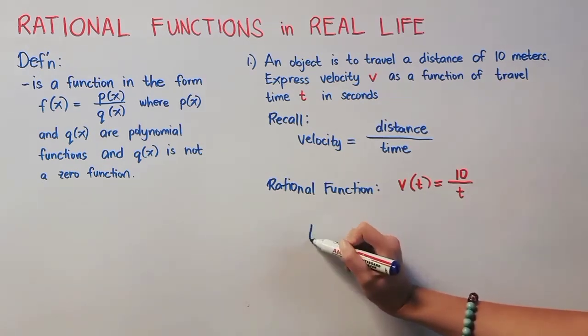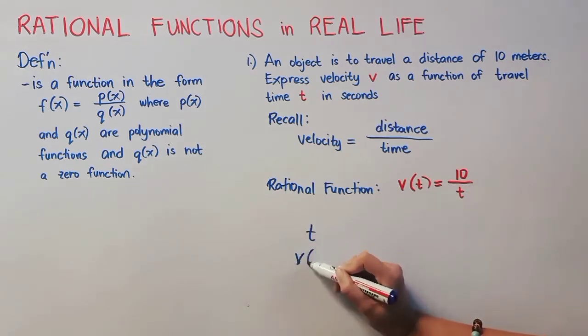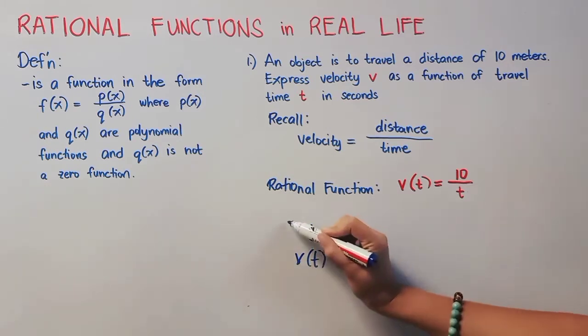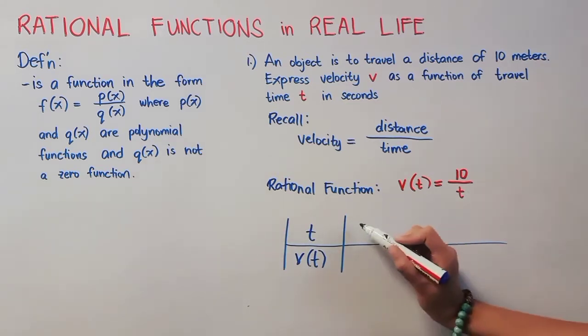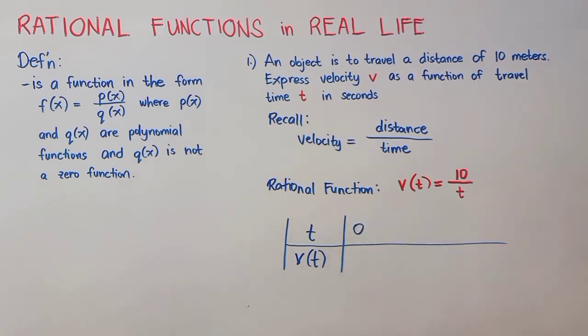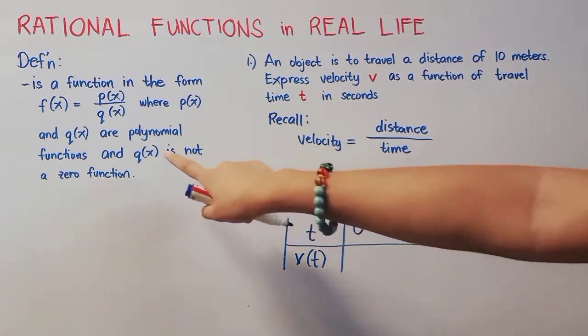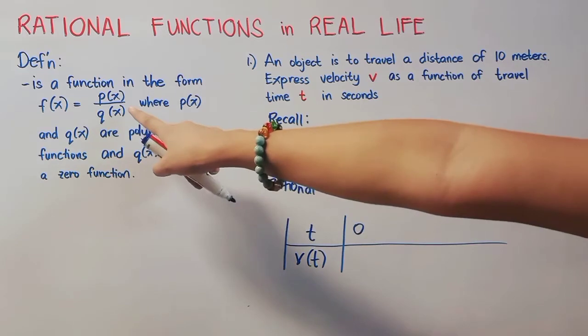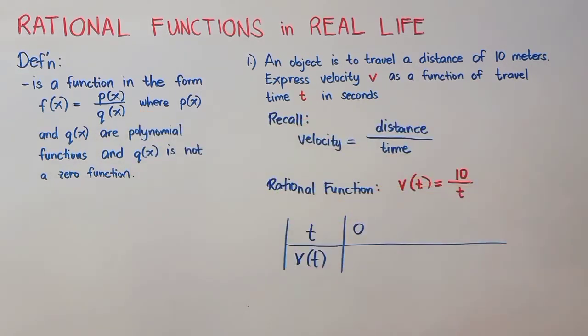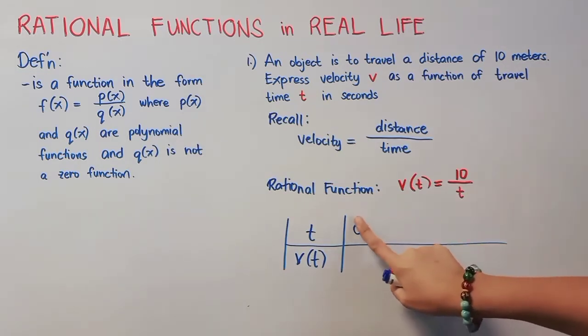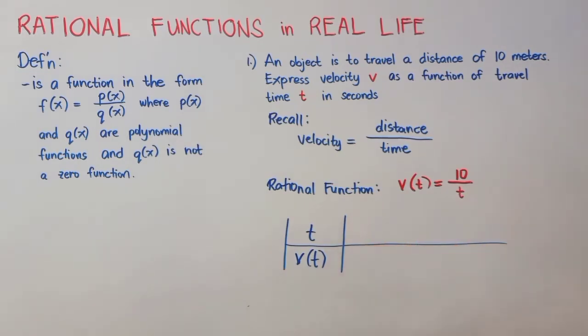In creating our table of values, we have here our time, which is t, and our velocity as a function of travel time, v of t. We cannot start with a negative number, obviously, because there's no negative time. However, if we start with 0, remember that our denominator should not be equal to 0 as stated in our definition, and a fraction with a denominator of 0 is undefined.